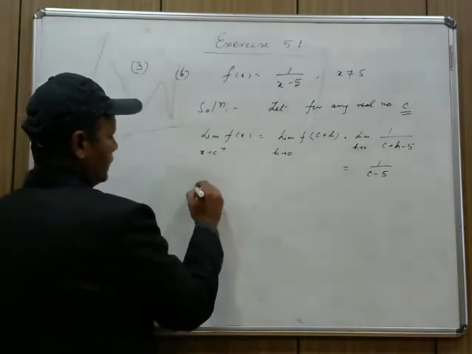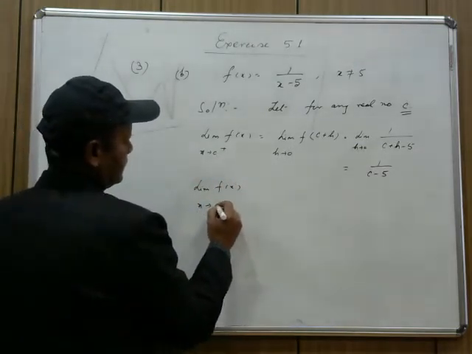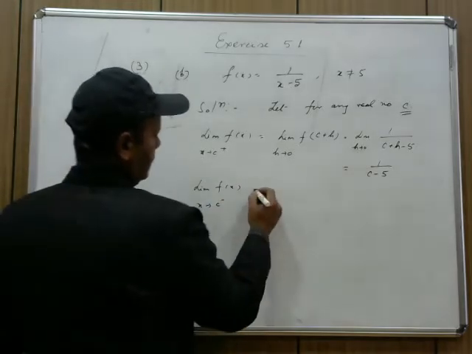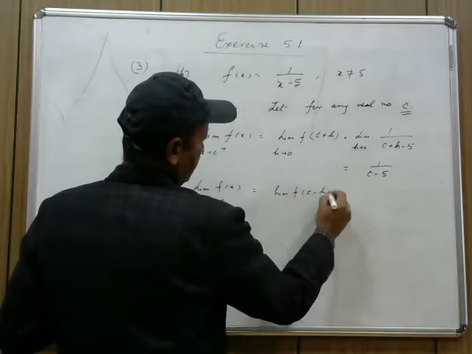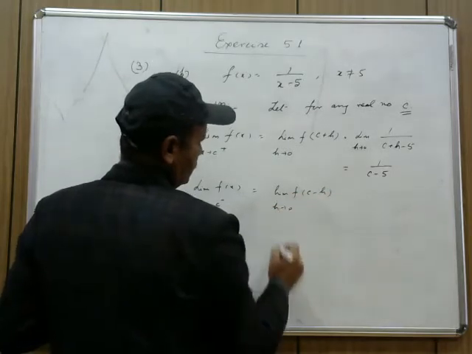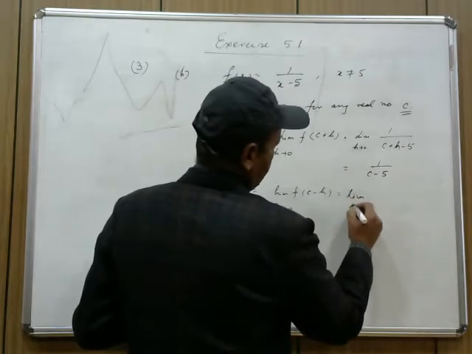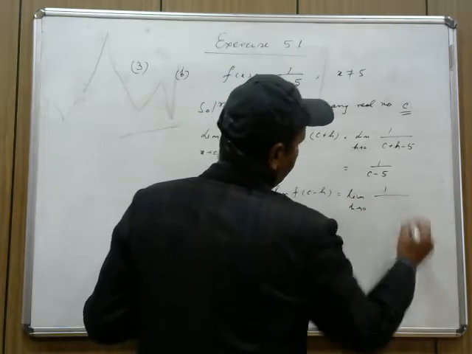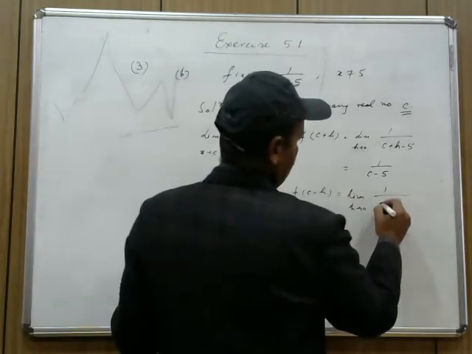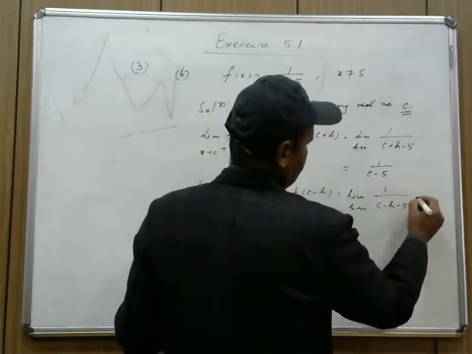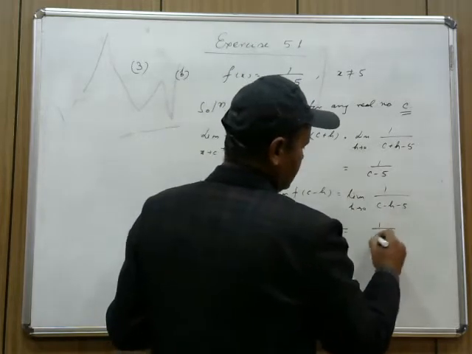Now I will find out the limit of f of x as x tends to C minus, that is equal to limit f of C minus h, h tends to 0. Now limit h tends to 0, 1 upon, x will be replaced by C minus h. Now C minus h minus 5, again put h equal to 0, what will I get? 1 upon C minus 5.